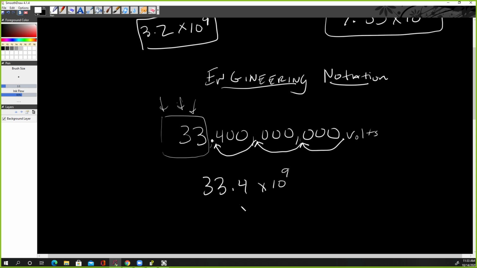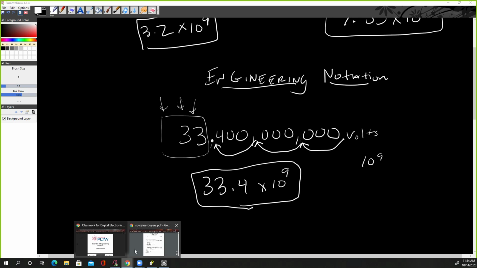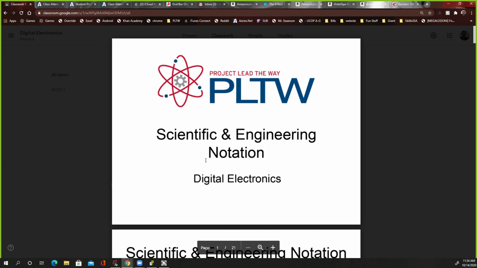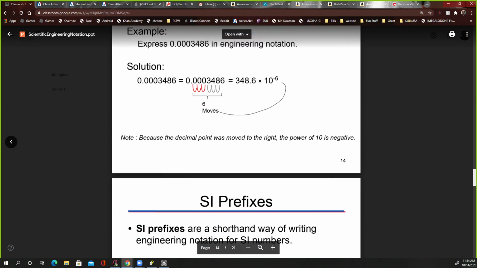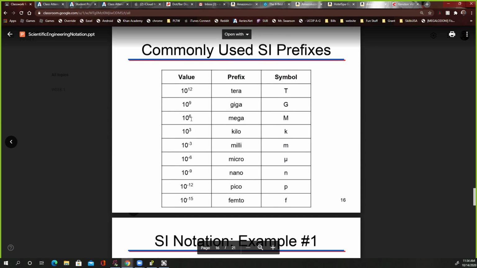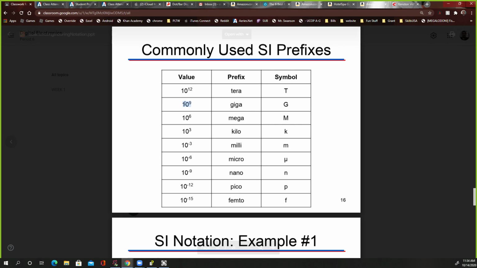And the reason we do that, folks, there's a good reason we do this in engineering notation. It's because this actually has a name. 10 to the 9th actually has a name. I think it's giga, but let's double check real quick. Let's go to our PowerPoint, and I'm going to slide down a ways to find it. 10 to the ninth is right here, correct?